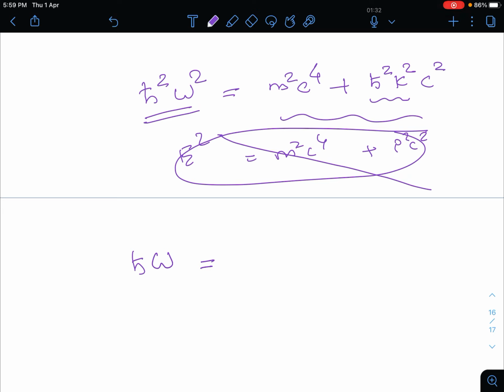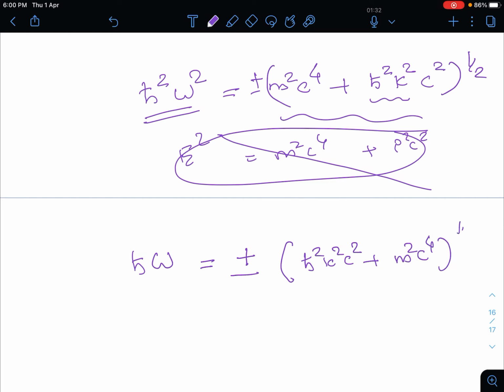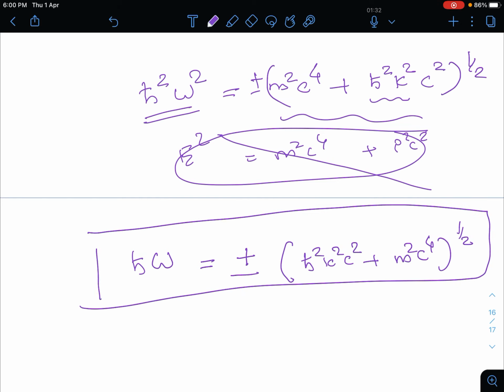Now if you check, h cross omega is simply plus or minus of this. This is a square, so taking its root, you have a plus or minus sign. So plus or minus h cross square k square c square plus m square c raised to 4, all to the half. So now there is a trouble. What is the trouble? The energy can be positive or negative. So this means that the energy eigenvalue can have both positive and negative values.